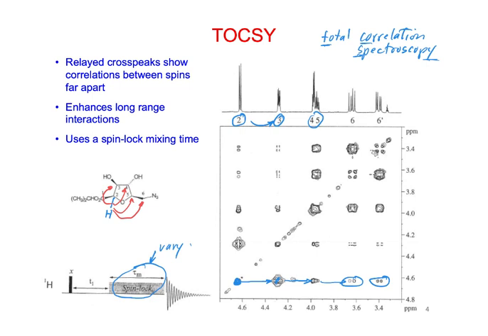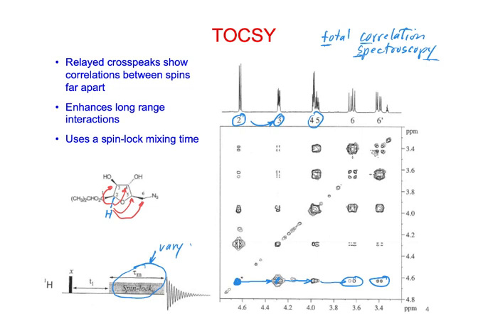So maybe for one value of the spin lock, it's going to be essentially like a COSY and only go to H3. And we lengthen it a little bit, maybe it goes over to H4, further H5, and we have a longer spin lock, it goes all the way to H6. Right? So you can run a series of experiments and see how the signal is propagating from proton to proton through this spin system.